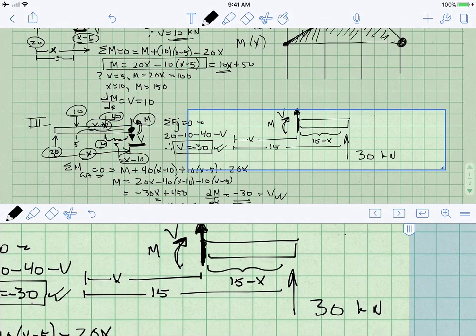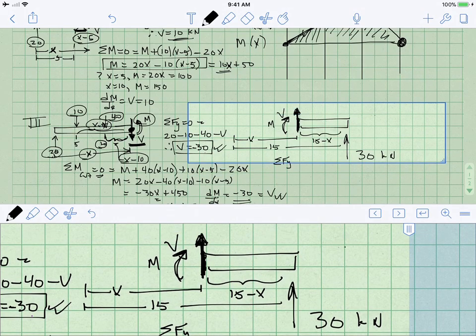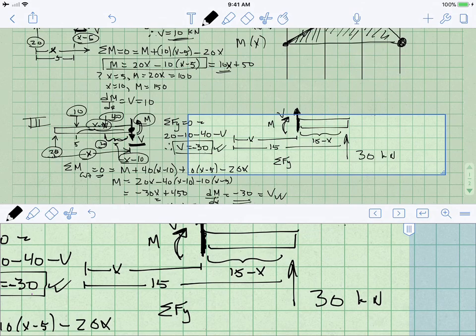So let's consider the equations of equilibrium, and let's sum the forces in the y direction on this right-hand side of the beam, and we should get the same answer. In this case, positive shear is pointing up. So I write down shear, positive shear, just like that. And I add in the other thing that's happening in the vertical direction, which is 30.